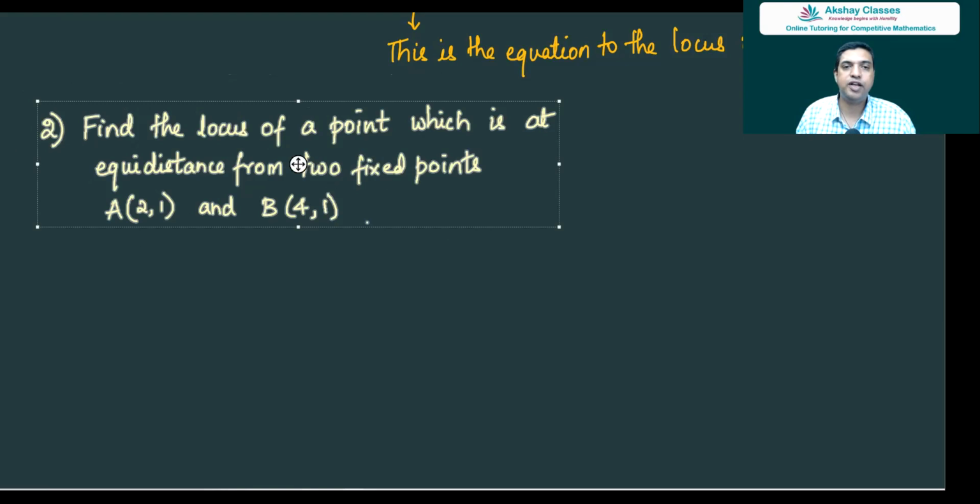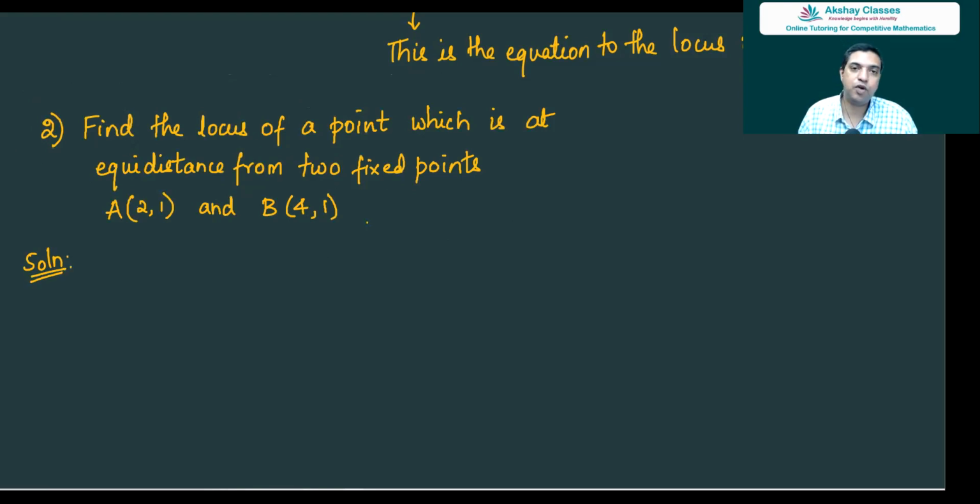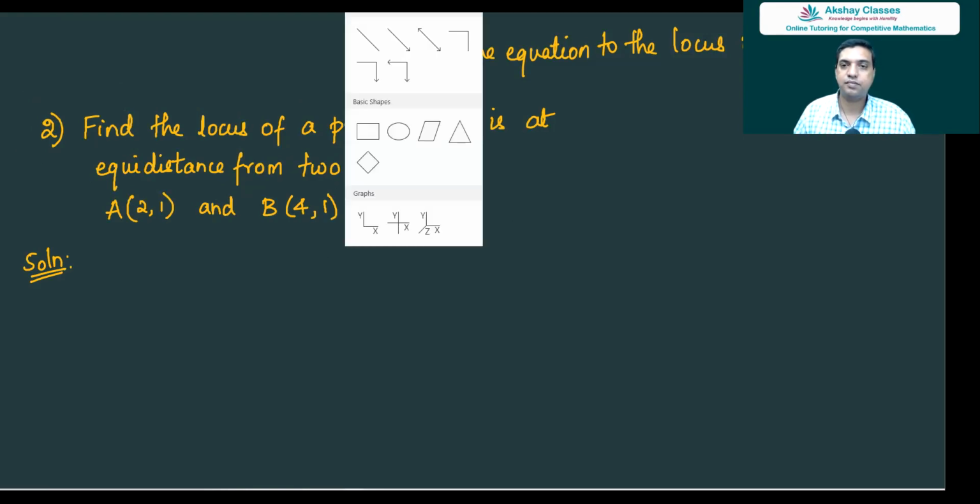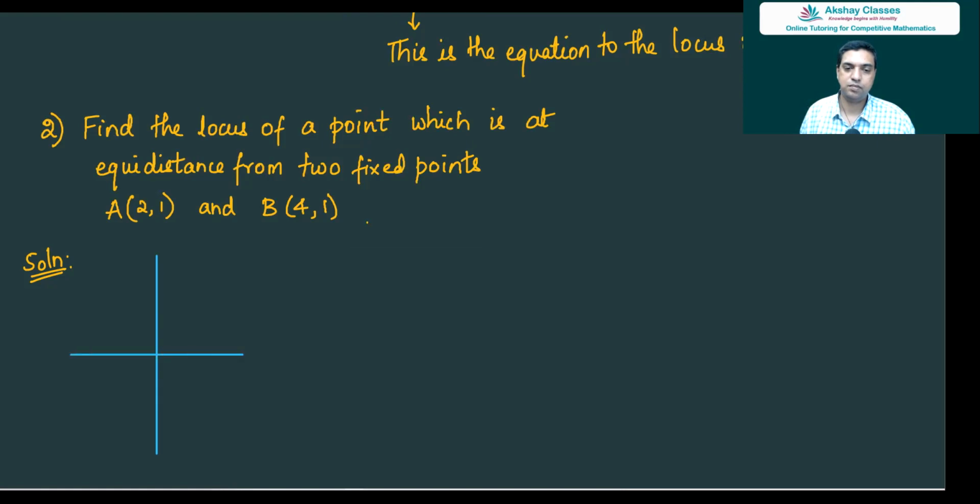The first one was a point which moves such that it is at a constant distance from one fixed point. Now, this is a question in which we have two points, A (2, 1) and B (4, 1).